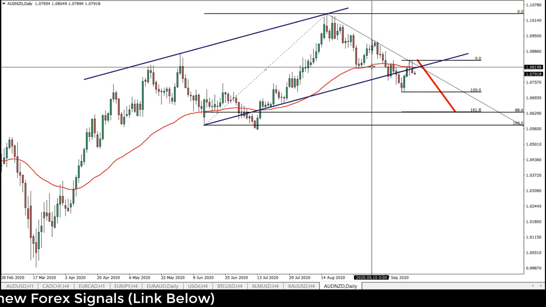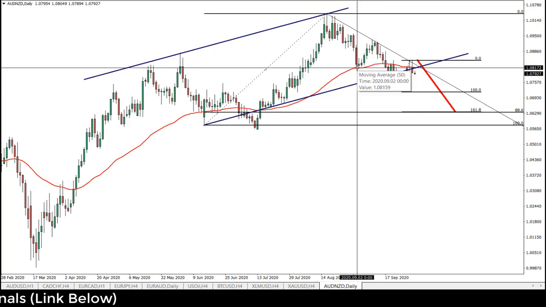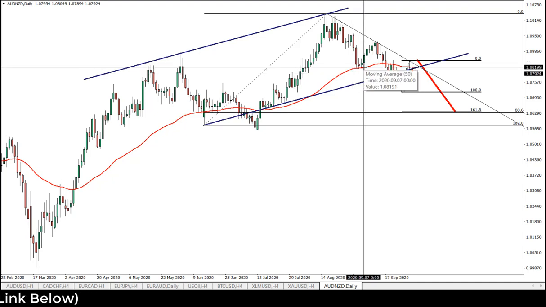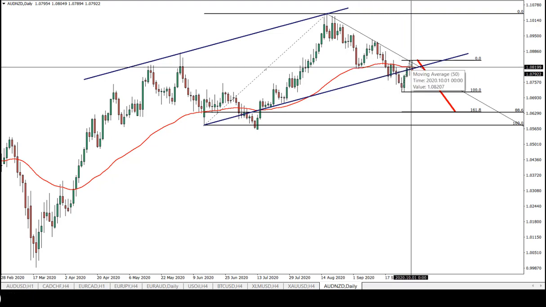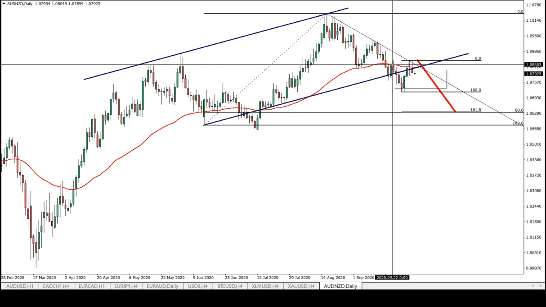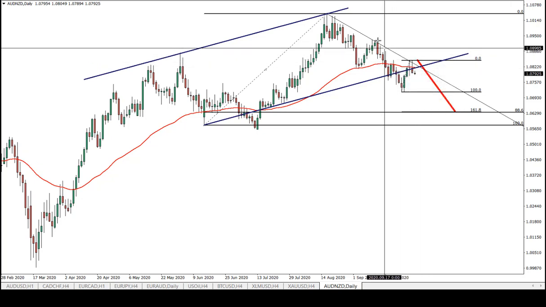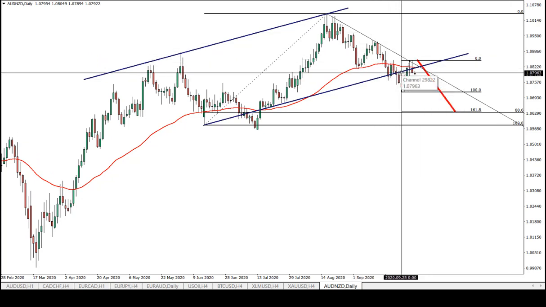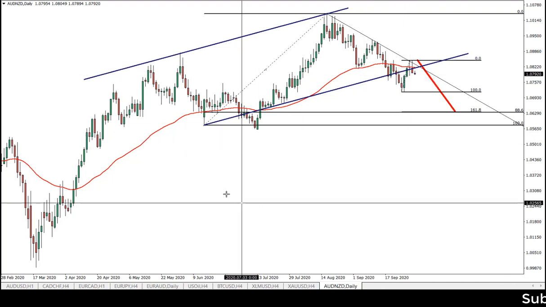The second point is the rejection of the 200 exponential moving average, which was acting as support and is now resistance. We rejected the 50 exponential moving average and then rejected it again. Two rejections, a break below the ascending channel, and it all looks extremely bearish.